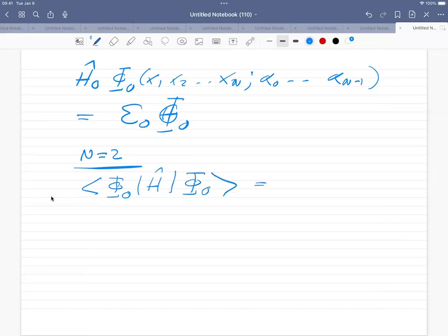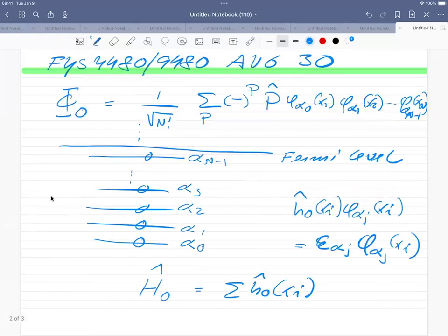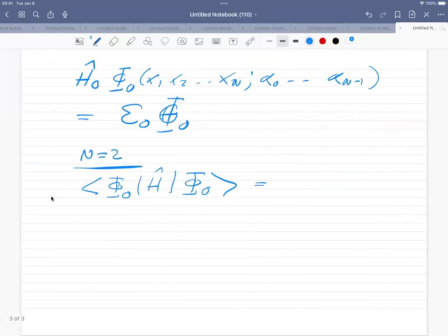What we found then, if we just fill in the two lowest lying states, which we have here, alpha 0 and alpha 1, this was given by the one body part, which is now a sum over epsilon alpha 0 plus epsilon alpha 1. And this is the expectation value for the two particle case of H0.